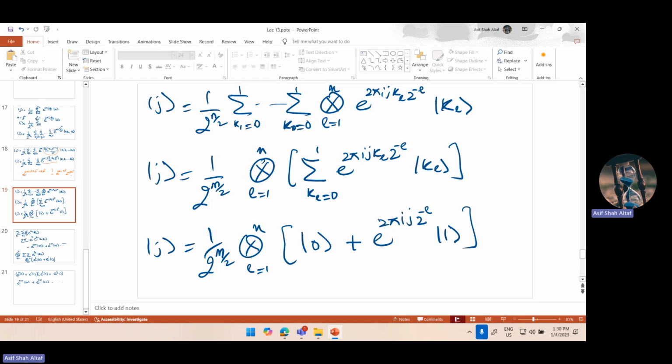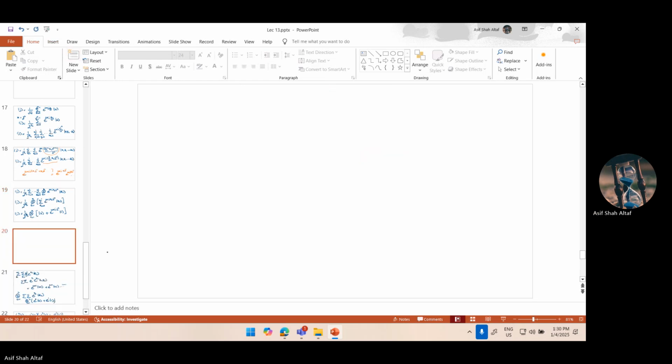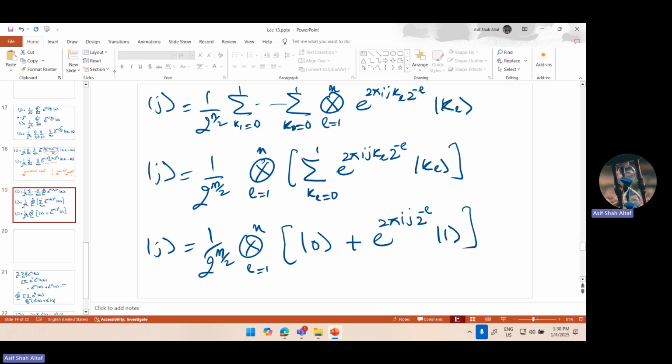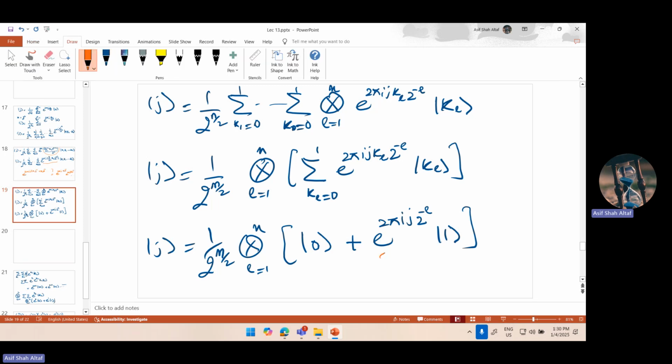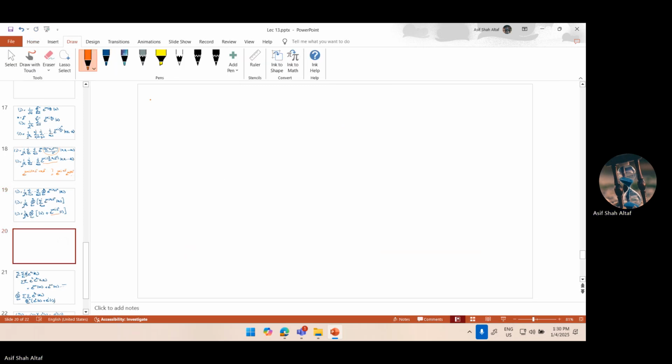Okay. Now let's try to expand it a bit more. So how do we do that? Let's try to see that. Now, if you see this exponential here, you have e to power 2 pi ij by 2L.